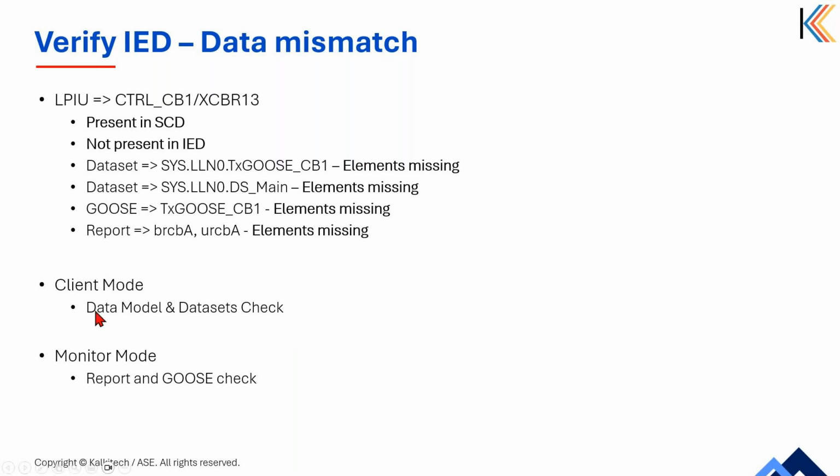As I mentioned, the sample value verification also will be available. So the client can verify everything, including sample value, plus you have the monitor mode verifying the sample value in addition to report and GOOSE. And as I mentioned earlier, we will also have the dataset node coming under the report and GOOSE, so you will be able to easily visualize the problems in reports and GOOSE.